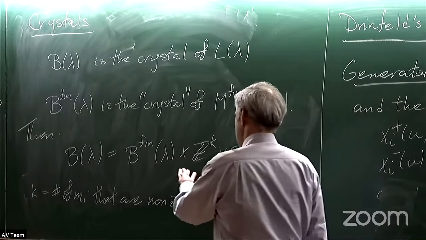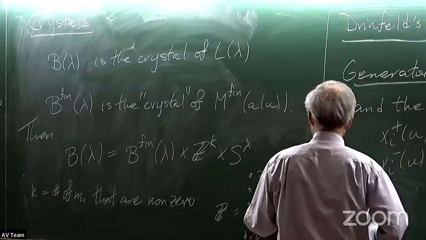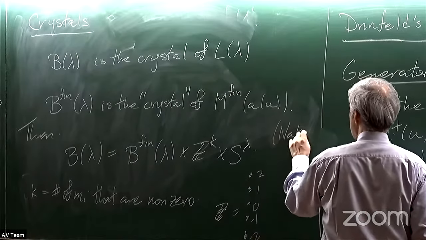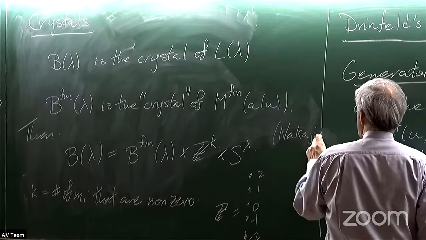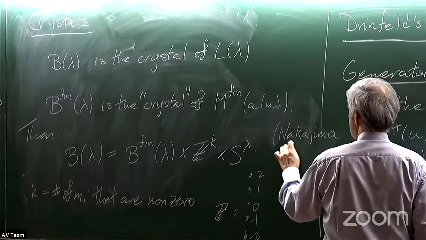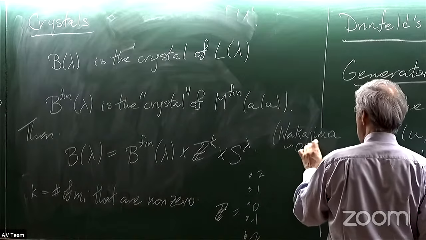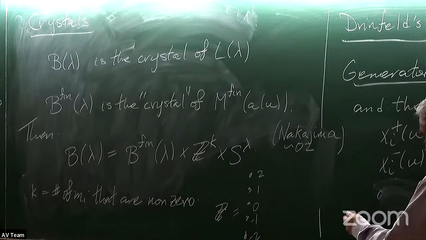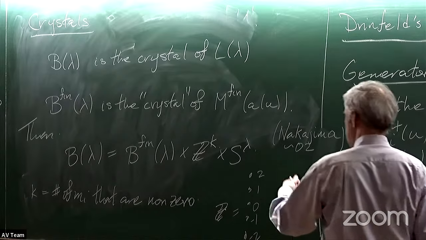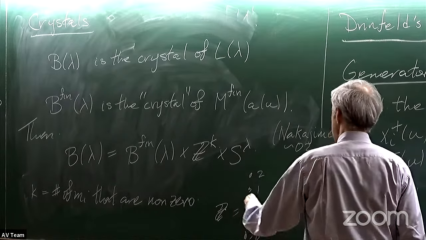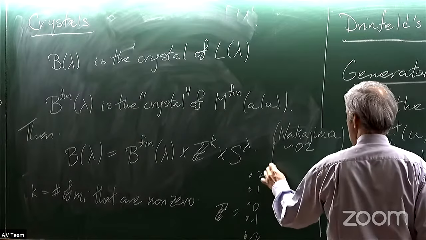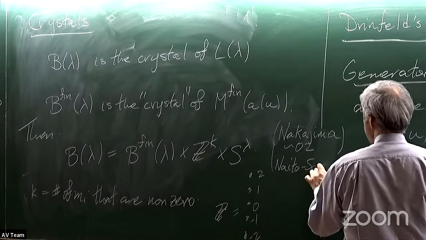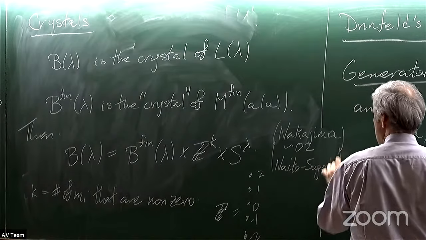So I'm writing this. This is some processing of Nakajima, who has a paper about 2002, which is called extremal weight modules or something, and he studies how the global canonical bases interact with the extremal weight modules, and then the many papers of Naito and Sagaki, which studied this.